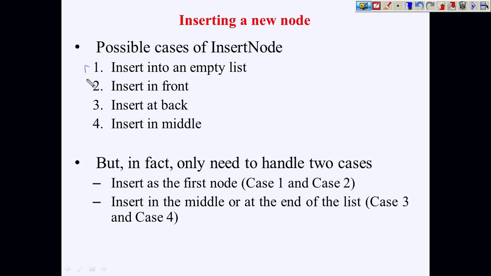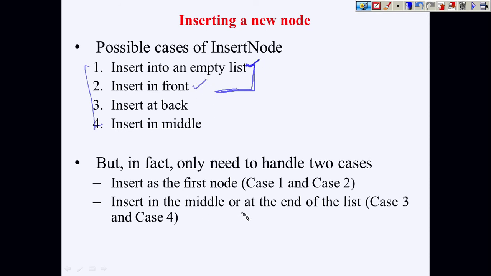Though we can see here four cases, or four scenarios, actually there are two cases. We can combine these situations into two cases as a whole. Inserting as a first node, case 1 and case 2, will be dealing with the same kind of logic. Though the scenarios look different, the logic that we are going to use will be applicable the same in the one and the two.